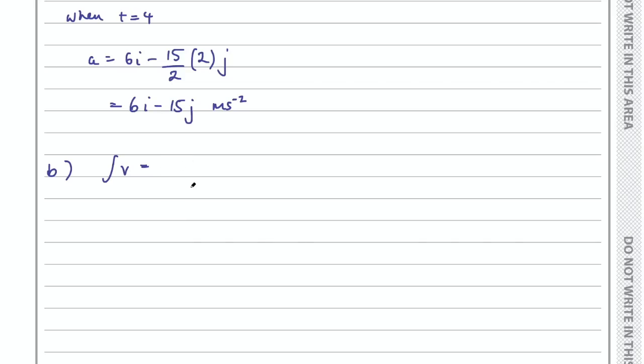So actually, let me just write the thing out again so you can see what I'm doing. This was 6ti take 5t to the power of 3 on 2 j. So add 1 to the power, divide by 2. This would be 3t to the power of 2 i. Subtract, add 1 to this power, 3 on 2 plus 1 is 5 on 2.